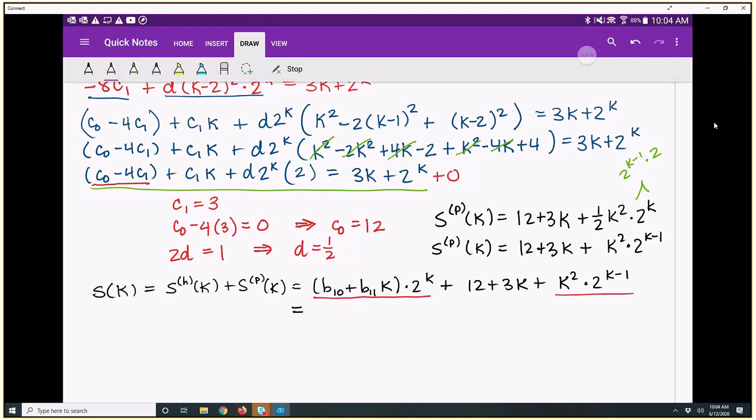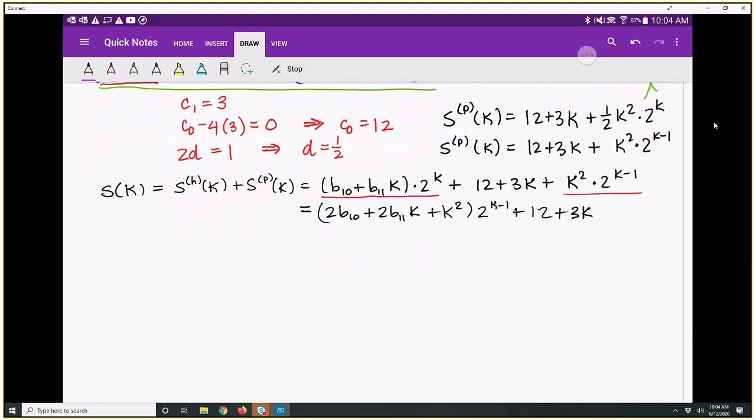I'm going to write this as 2b10 plus 2b11k plus k squared, and everything times 2 to the power k minus 1, plus 12 plus 3k. So again, I just borrowed a multiplier of 2, a power of 2, so that I could make these match and be 2 to the power k minus 1.